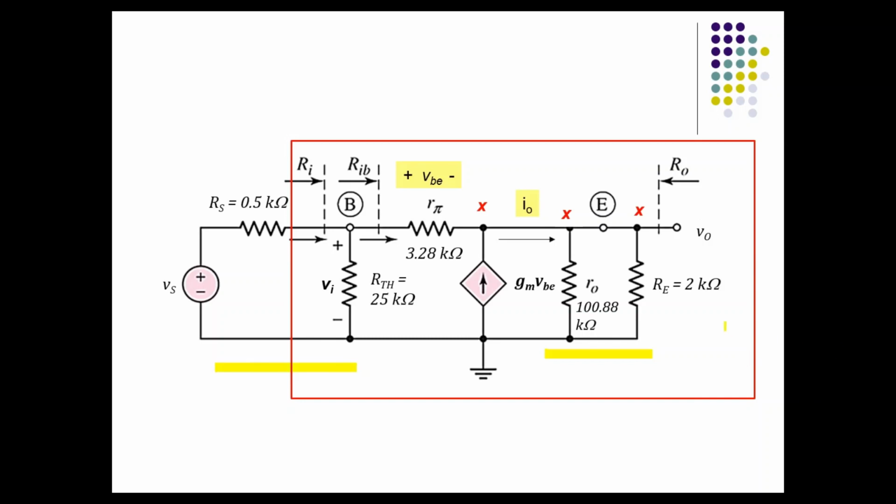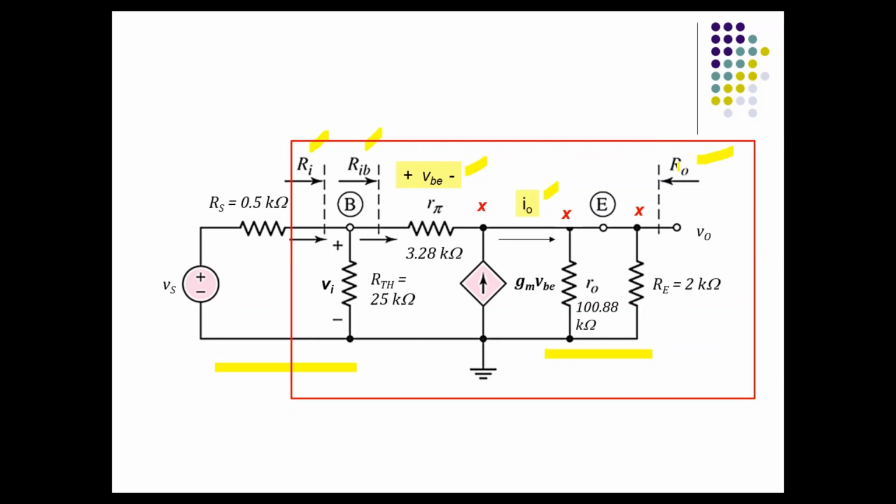You can see I labeled a few things here. Your VBE is always the voltage across R pi, so my VBE is now over here, and this is another current, I will call this I0. You have the input resistance seen from the base, RIB, which was introduced in your common emitter with RE. And you have the output resistance for the common collector.